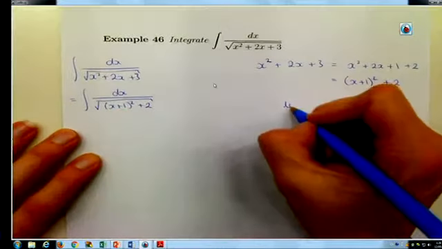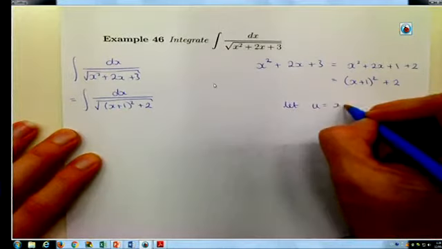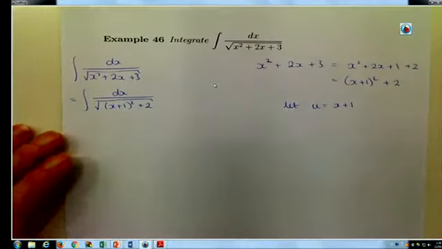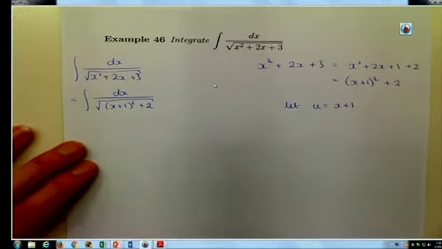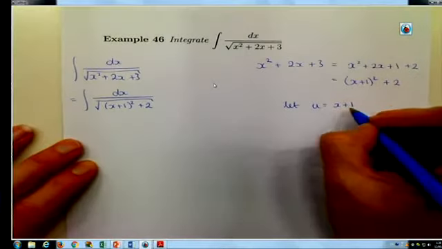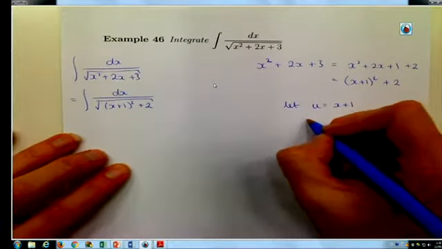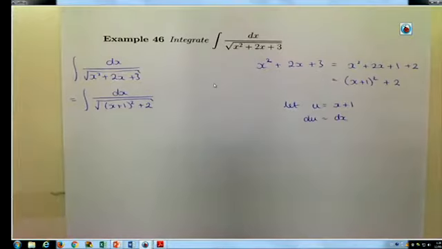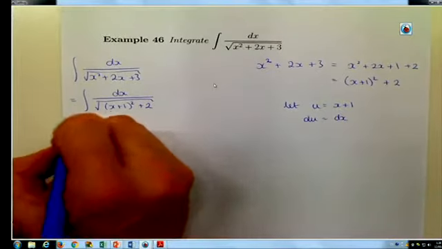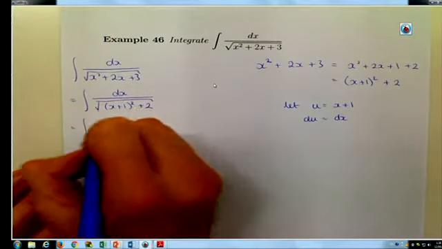So I'm going to say let u be equal to x plus 1. So it's not like a u substitution like we know u substitutions to be. We're just using u. And don't forget, you've also got to change the dx. So du is equal to dx. All right, so that part doesn't change. Well, it changes into a u, doesn't it?